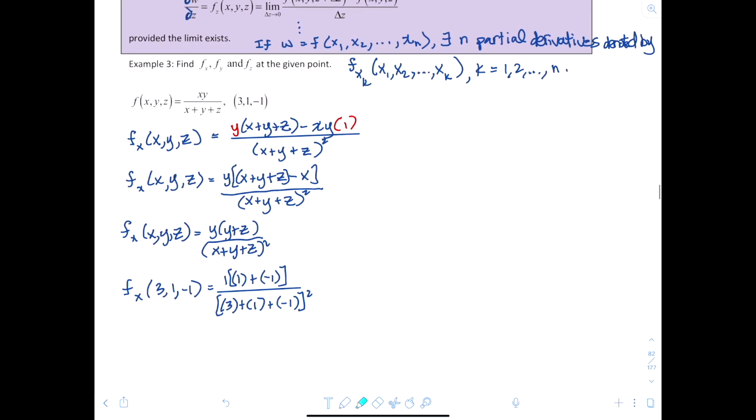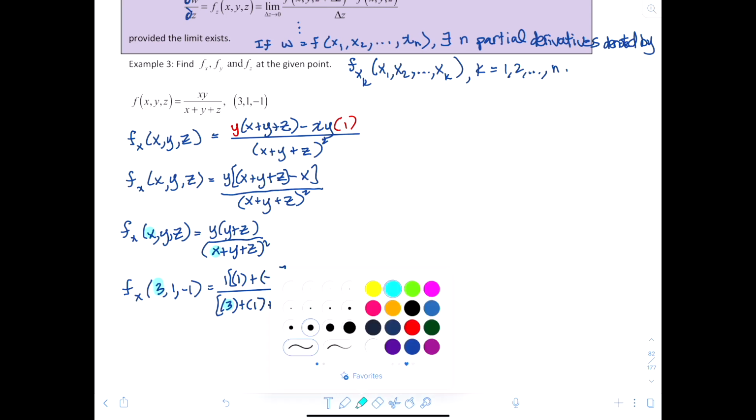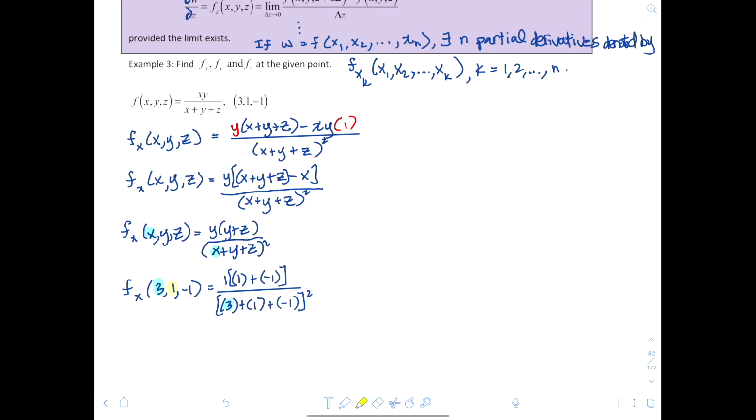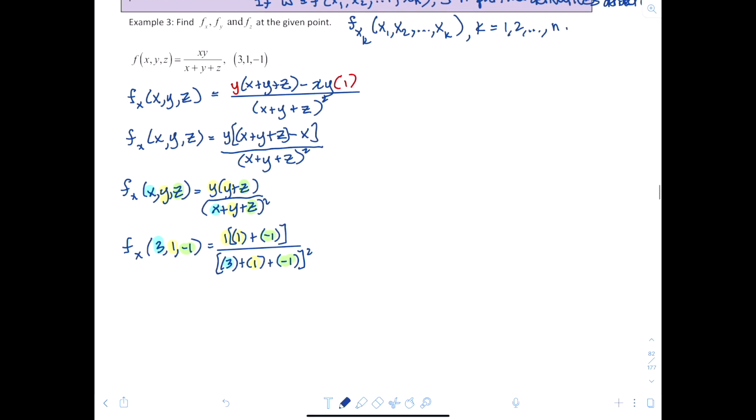So all I did, wherever there was an x, I put in a 3. Wherever there was a y, I put in a 1. And wherever there was a z, I put in a negative 1. And that's just going to be 0, I believe. Right, because that numerator will be 0.